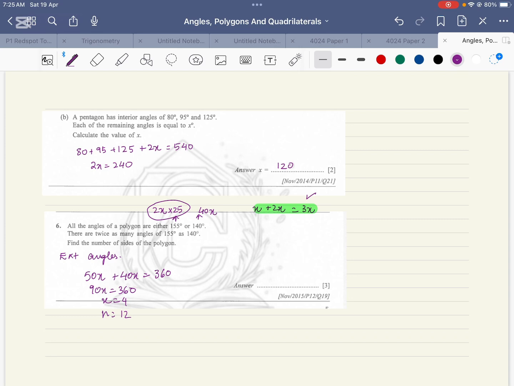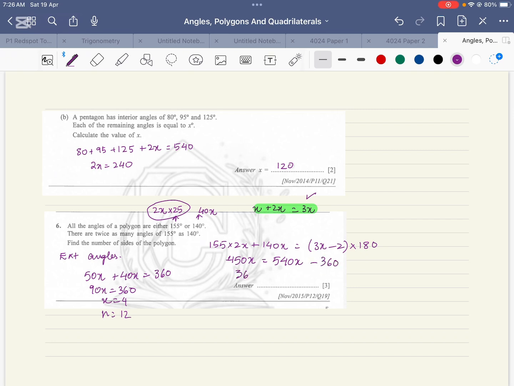So we will use the sum of interior angles formula. 155 multiplied by 2x plus 140 multiplied by x is equal to the sum of interior angles, n is 3x minus 2 into 180. 155 multiplied by 2 is 310. 310 plus 140 is 450x, equal to, open the bracket, 540x minus 360.